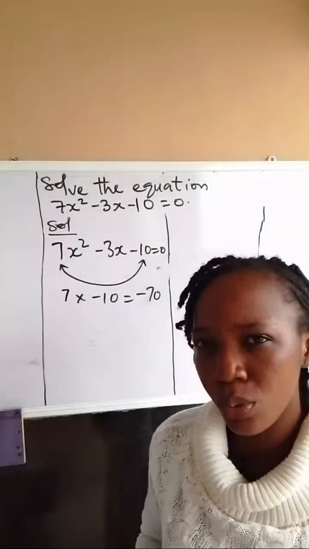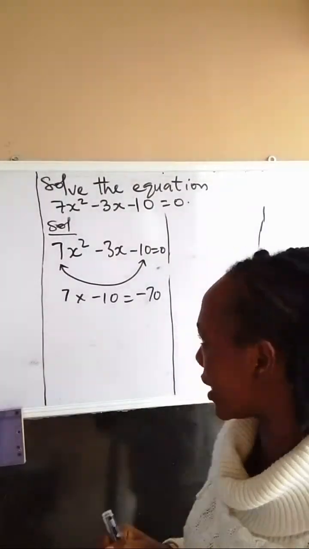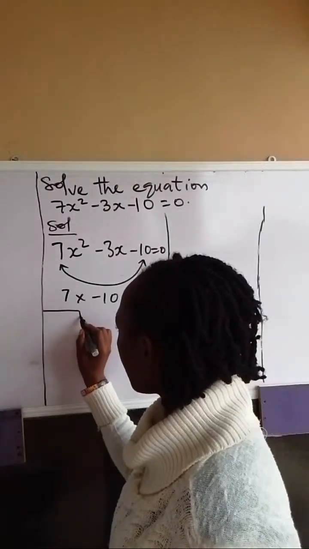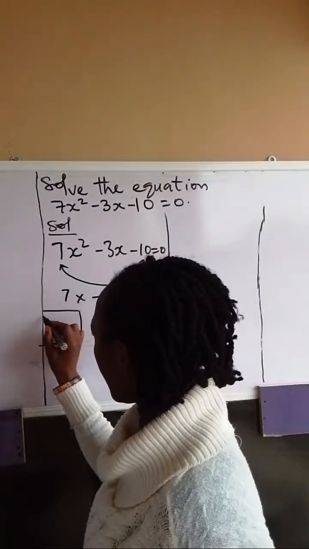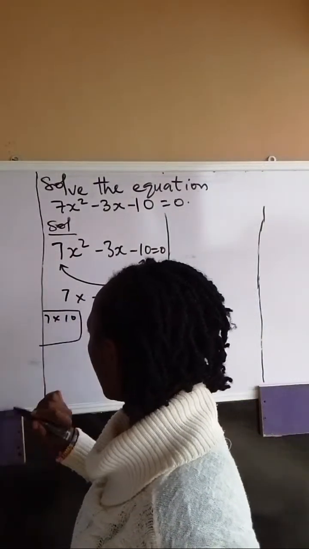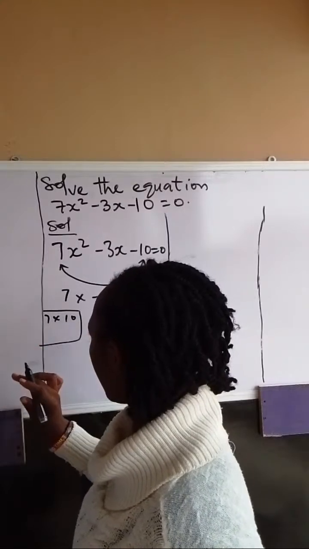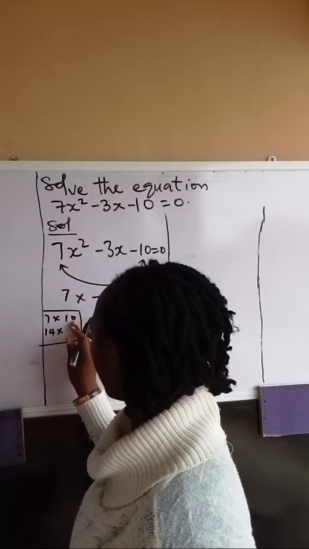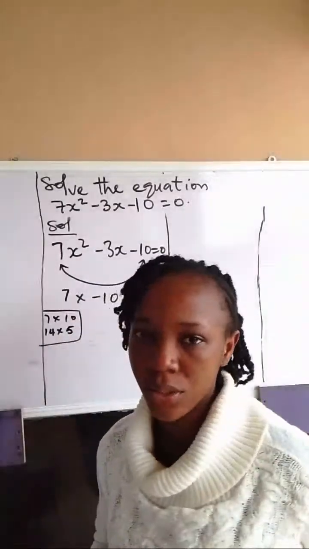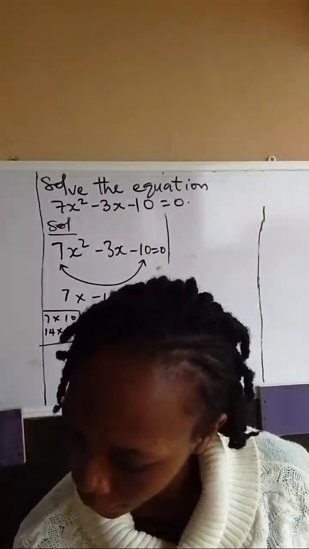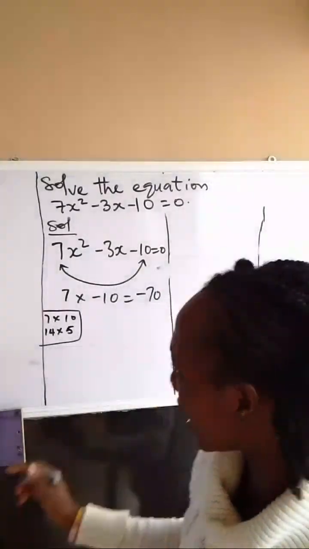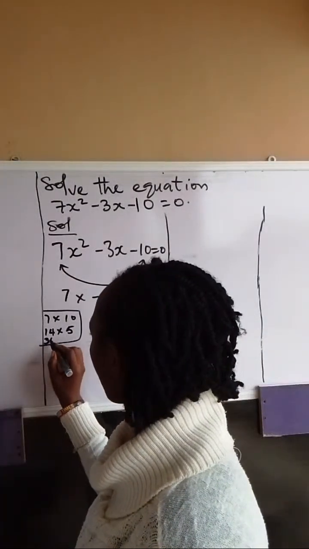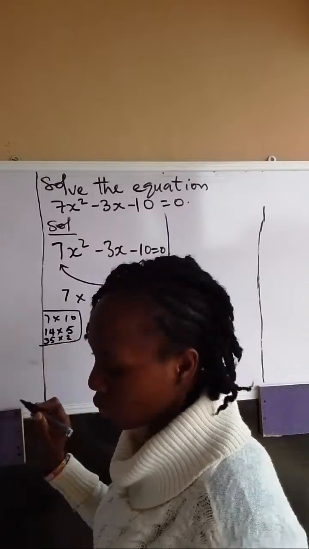So what are the multiples of minus 70? First of all, the multiples of 70: we have 7 and 10, 14 and 5, and 35 and 2.